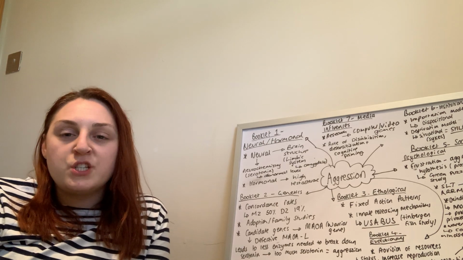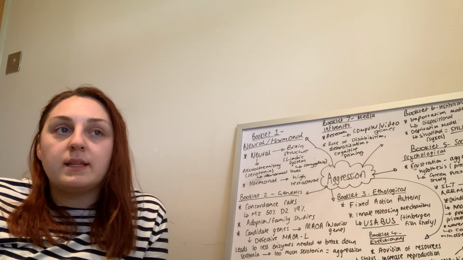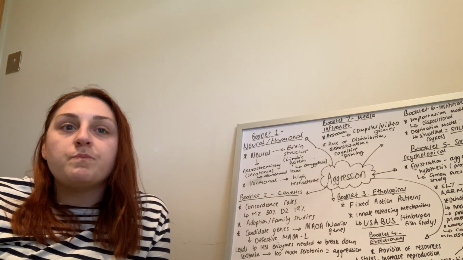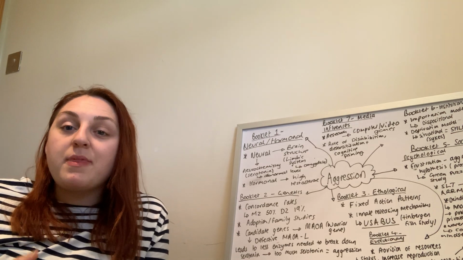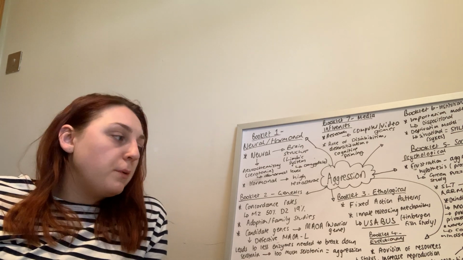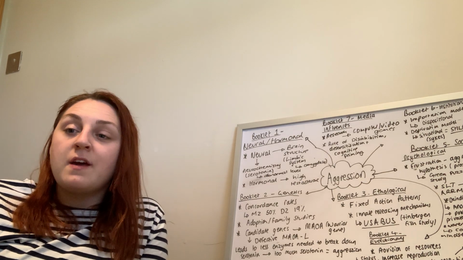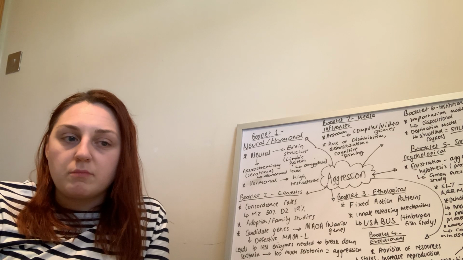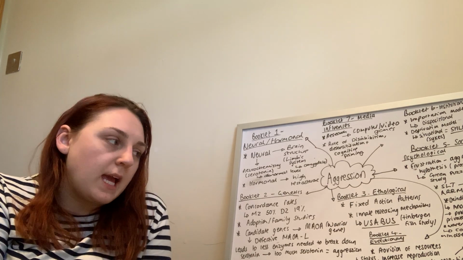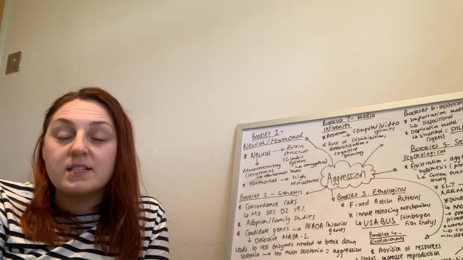A mate retention tactic is a technique often that people, again, predominantly males, would use towards a partner in order to keep them and prevent them having access to other people. But these mate retention tactics, whilst they might not be physically aggressive, could lead to aggression or have aggressive intentions underlying.